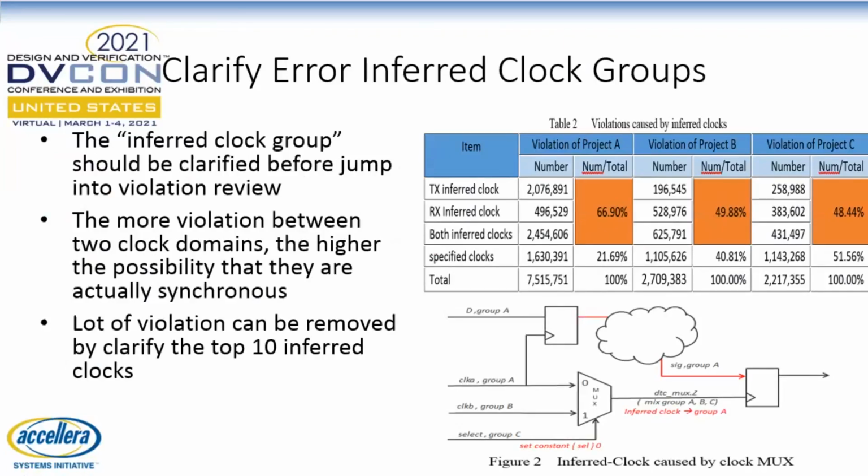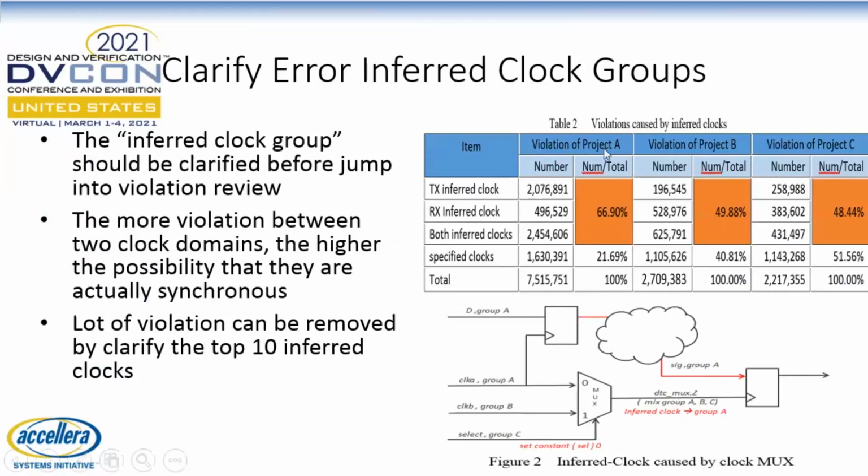The more violations between two clock domains, the higher the possibility that they are actually synchronous. Figure 2 shows a typical inferred clock. We need to set the select port of the mux to constant 0 to fix this inferred clock and remove a large amount of violations.